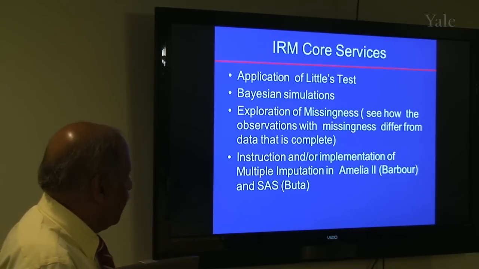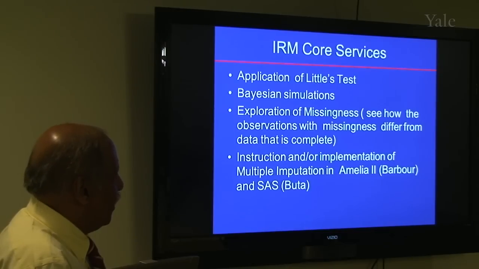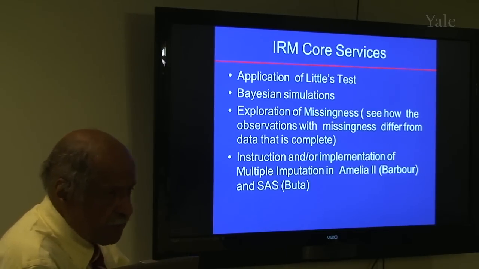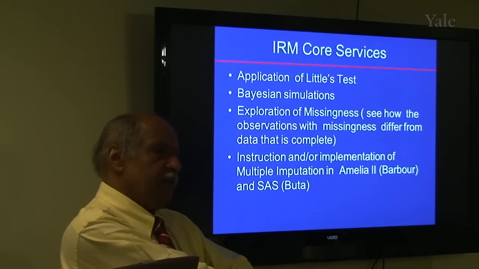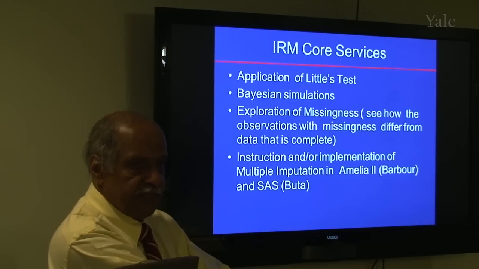We can do the Bayesian simulations. I didn't go over this, but we can also do t-tests and things like that to see how different the people who are missing are from those who have complete data.